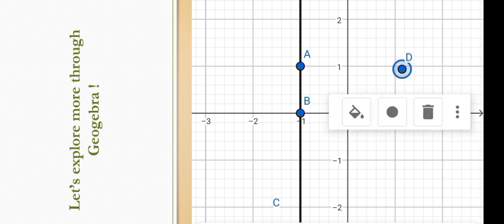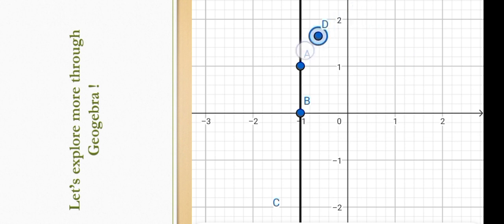So as you can observe, there is no movement going to the right or to the left from A to B. The only movement that we can do here is from A to B, and that is 1 unit downward.